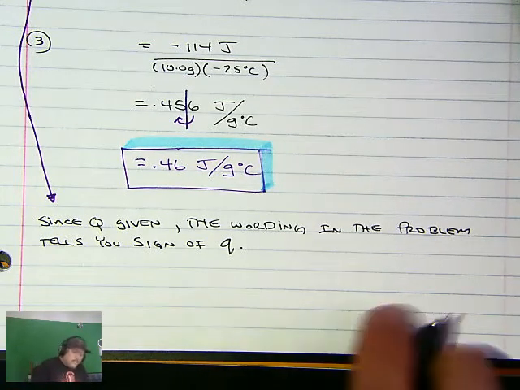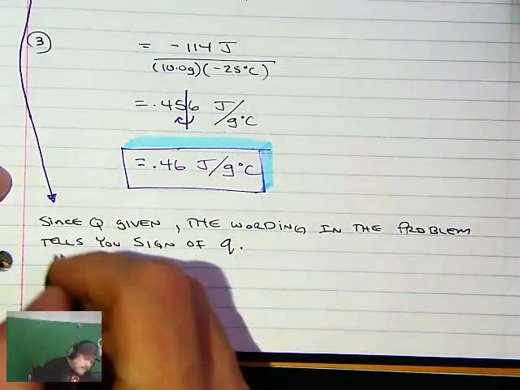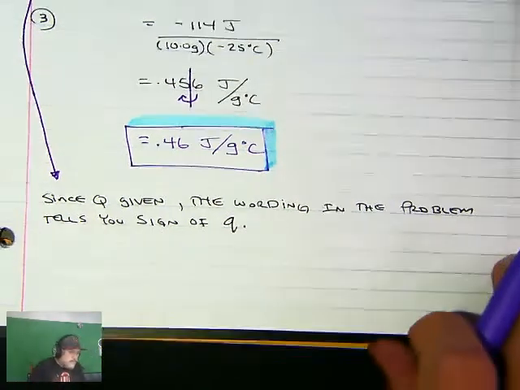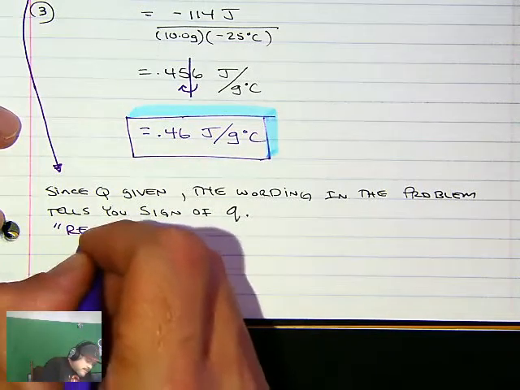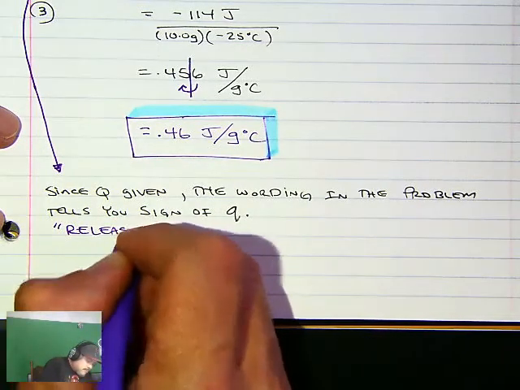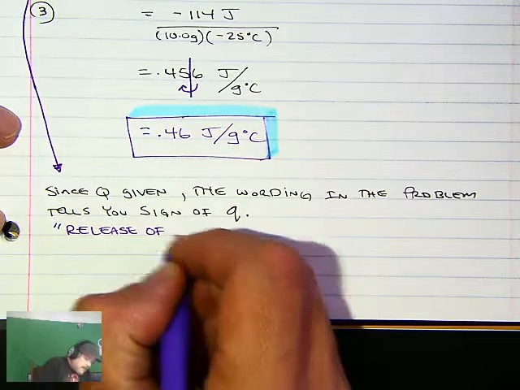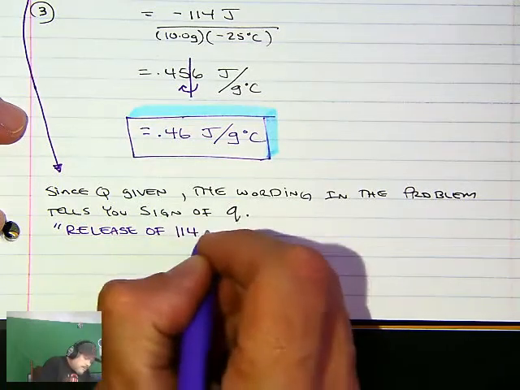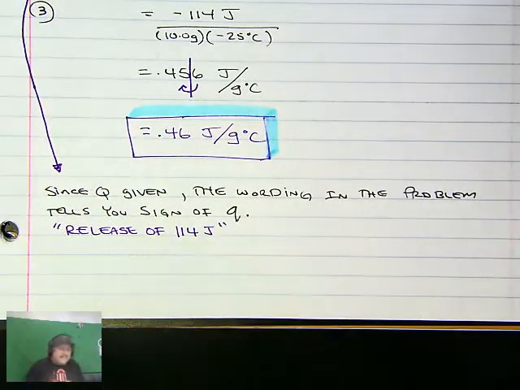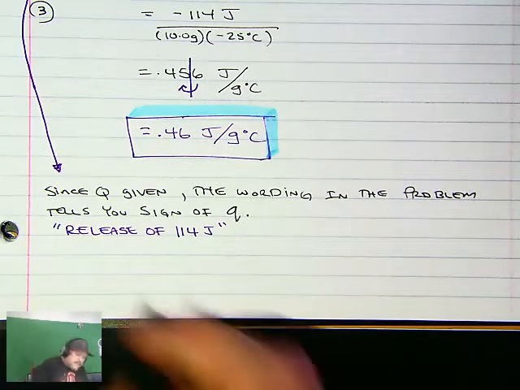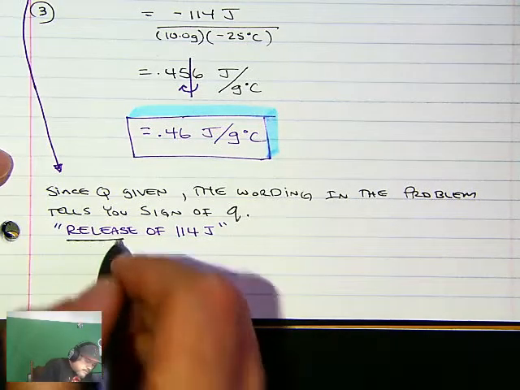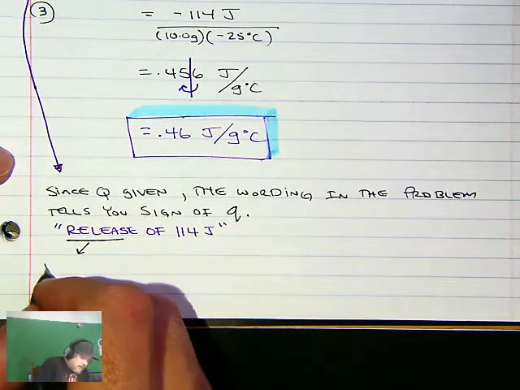Let me write this in purple so it stands out a little more. The problem said "release of 114 joules." That's the exact wording that the problem uses. So this word right here, release, means move away.